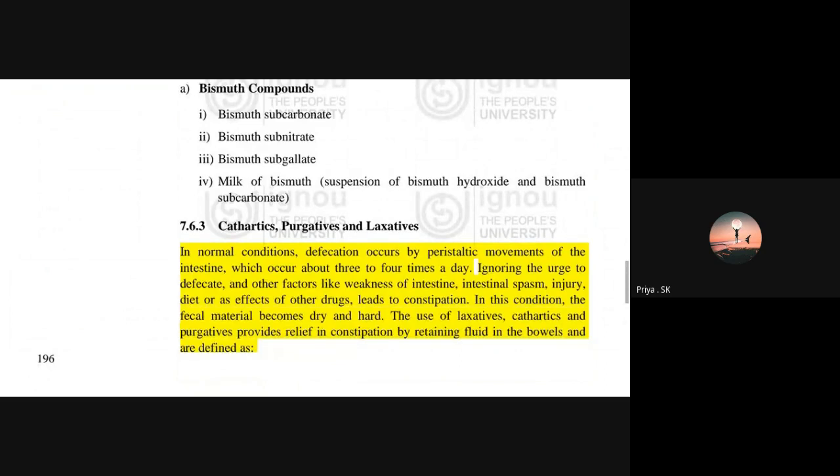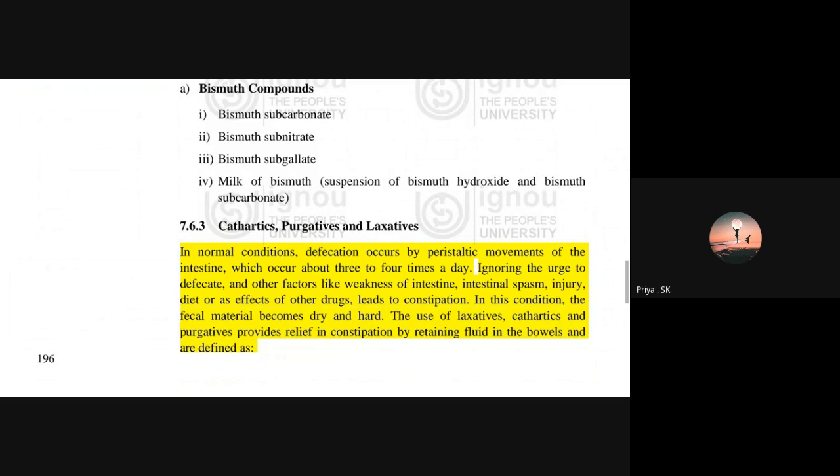In normal conditions, defecation occurs by peristaltic movements of the intestine, which occur about 3 to 4 times a day. That increases the peristaltic movement of the intestine, or the to and fro motion of the intestine, and that's why we are able to defecate the feces.